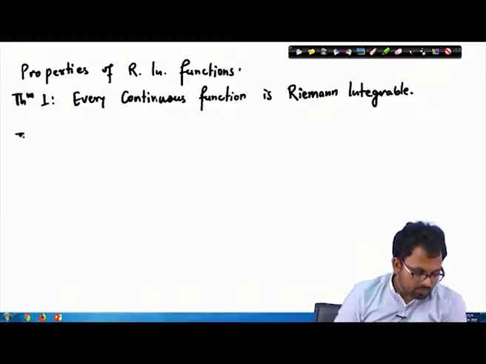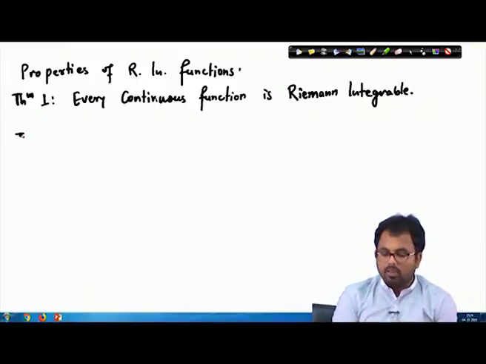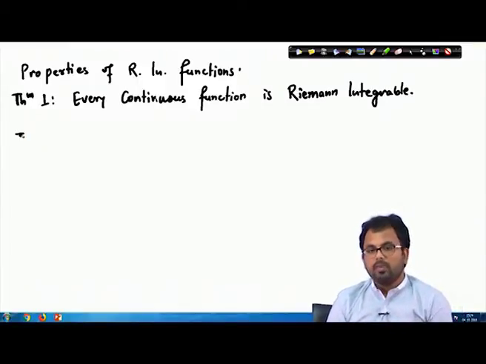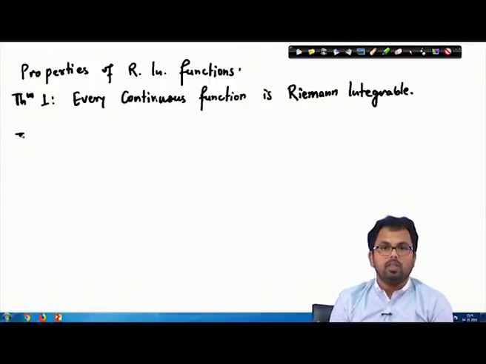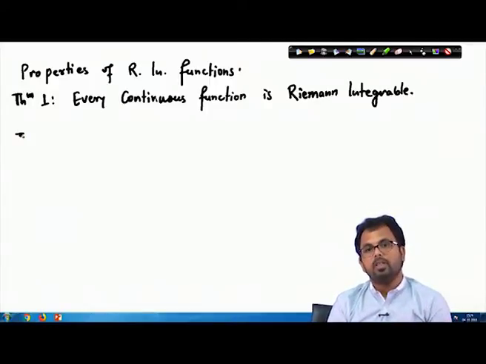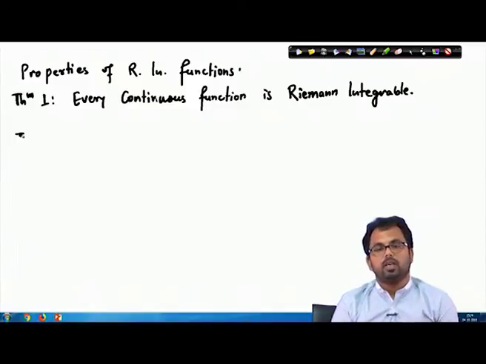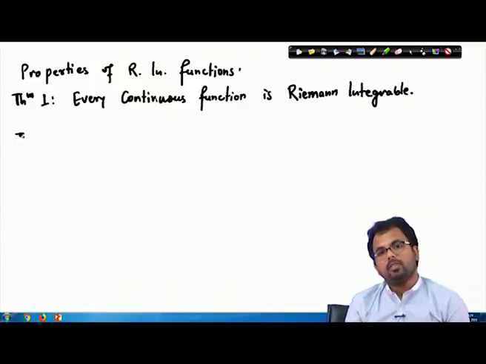This makes sense because every continuous function is always bounded, and if the function is bounded, then all we have to show is whether UPF minus LPF is less than epsilon or not, and if it is, then the function is Riemann integrable.